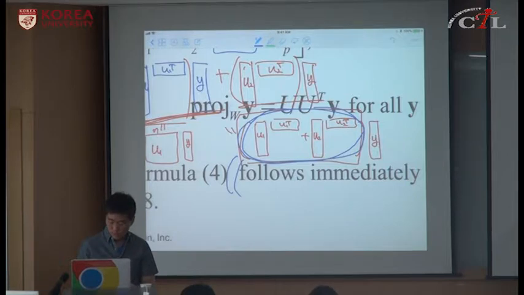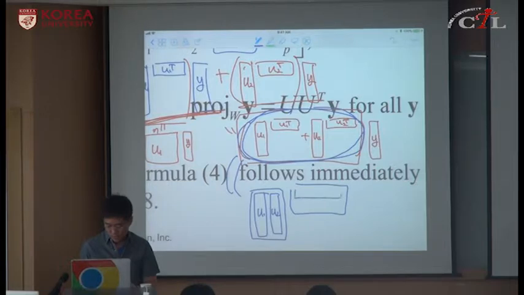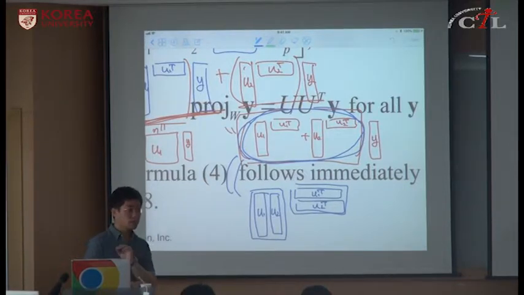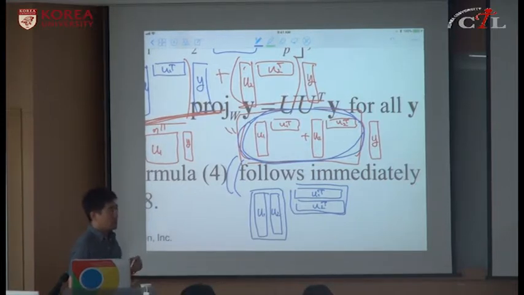So this guy will be in this form: u1 and u2 as our first matrix, and then the second matrix will have u1 transpose, u2 transpose, right? That was represented as a sum of rank 1 outer products when viewing our matrix multiplication.